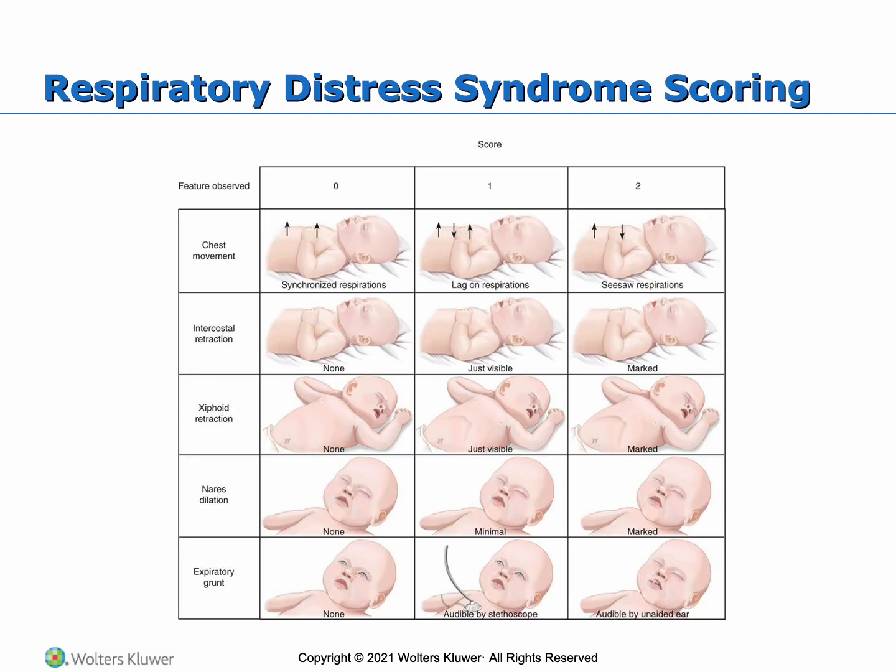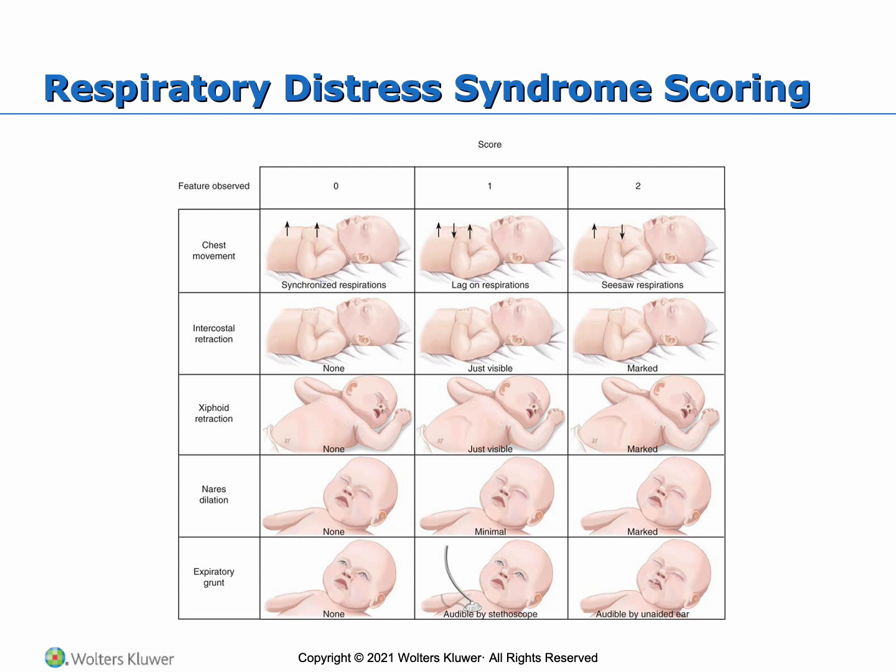So this is the Silverman-Anderson index. It's an assessment scoring system that can be used to evaluate 5 parameters of work of breathing. Each category is scored as 0 for normal, 1 for moderate impairment, 2 for severe impairment. These parameters assess chest movement. Are they synchronized? Are they lagging?